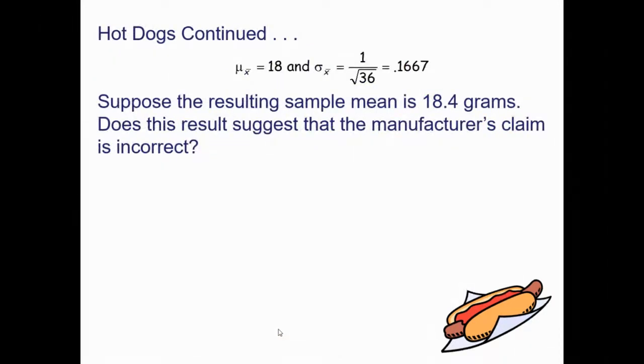Okay, so let's test this claim. We want to find the probability that X bar can be greater than or equal to 18.4 grams. I mean, if it's a high probability, then he may be telling the truth.